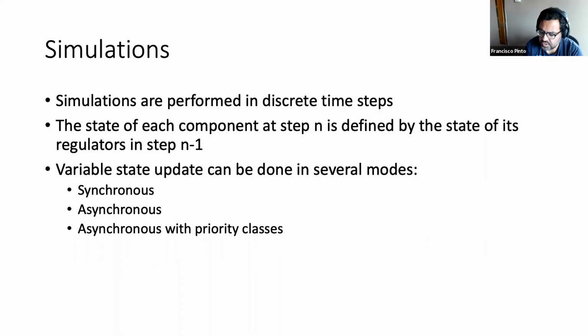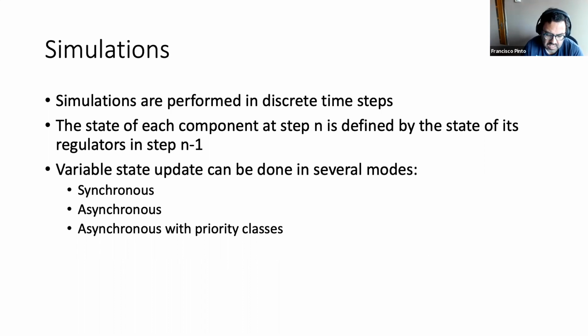Or after one transition occurs, then you have many more transitions that should occur. So in the asynchronous method, you simulate all those possible transitions. And trying to solve the problem that we already know that some of the processes that are being modeled are occurring in a shorter time scale than others, it is possible to define asynchronous updates with priority classes.